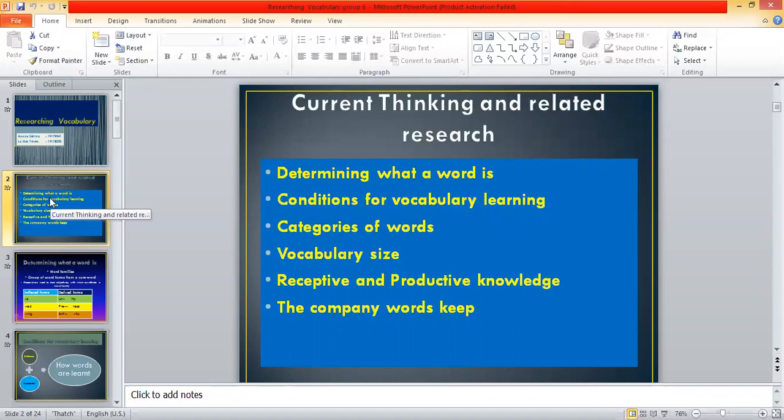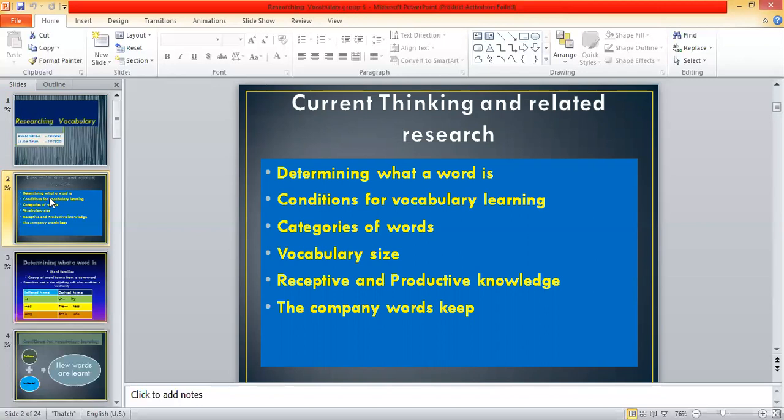We're going to look at six very common research titles that we, as researchers, can research in terms of these six types of vocabulary research. The first one is about determining what a word is. The second one is about conditions for vocabulary learning.